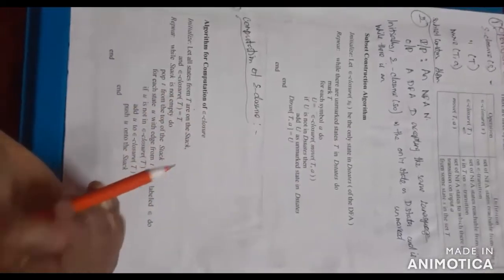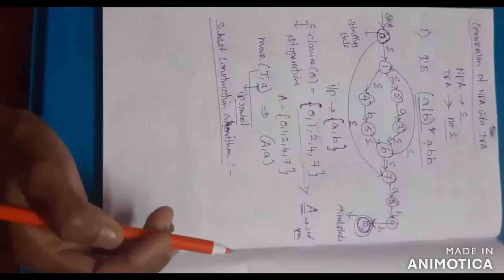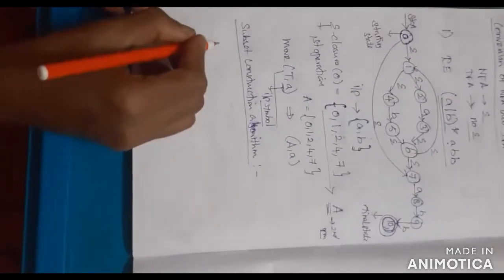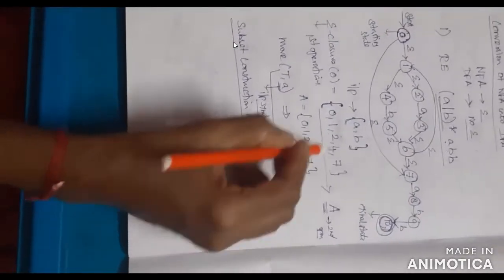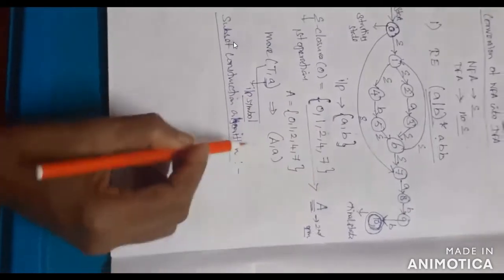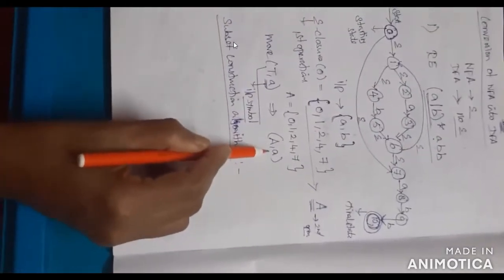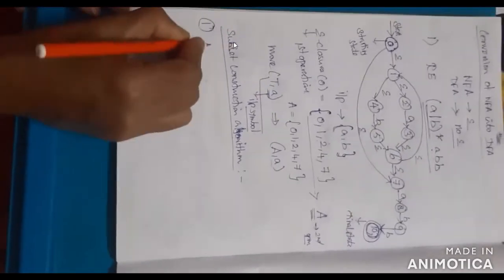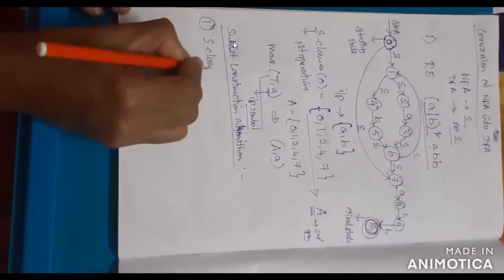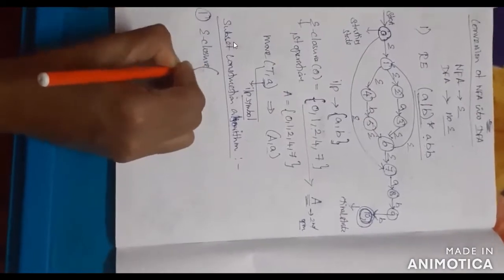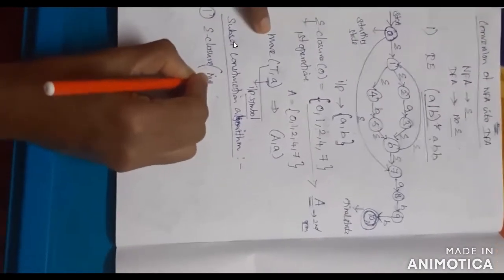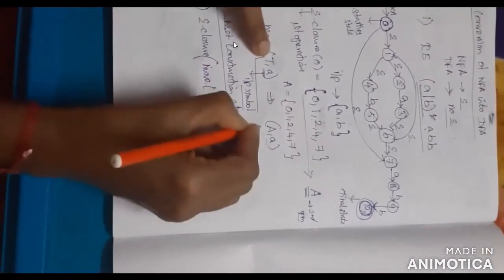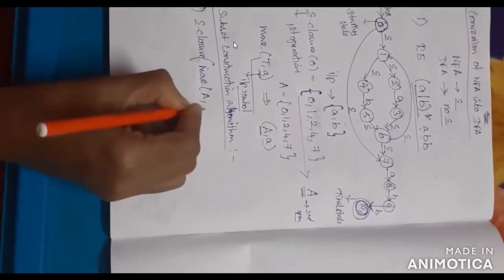Okay, how to do it for the given algorithm? Just check that. Here, what is the input symbol? The input symbol is a, comma b. First, you have to start with the input symbol small a. So the first step in the subset construction algorithm is E closure of move of T, where T is nothing but capital A, comma the input symbol.